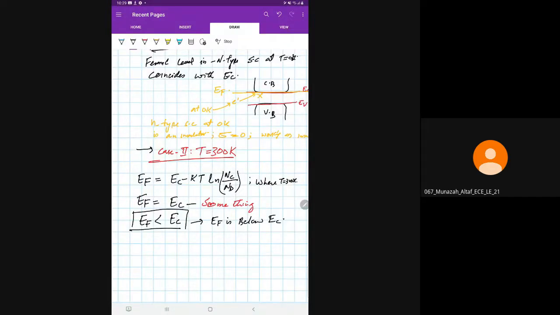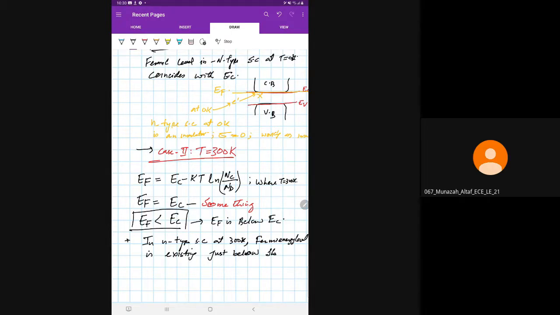It will not be coinciding with EC. So we can write that in an n-type semiconductor at 300 Kelvin, the Fermi energy level is existing just below the donor energy level.